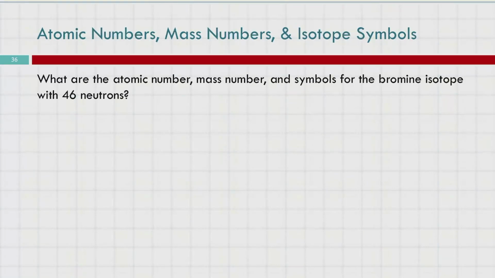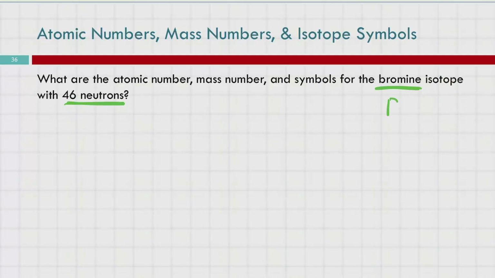What are the atomic number, mass number, and symbols for the bromine isotope with 46 neutrons? What's some information that we're given? 46 neutrons. We're given that we've got 46 neutrons. What else are we given? It's bromine. Bromine has what symbol?